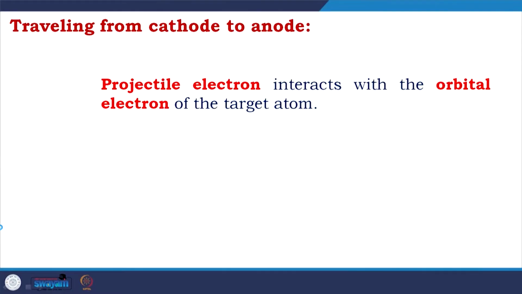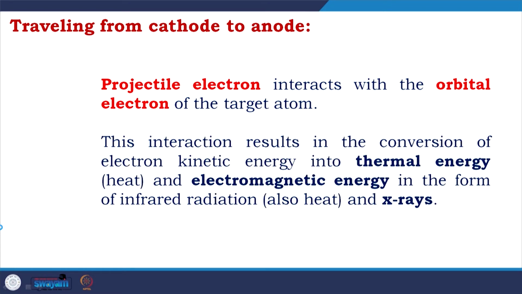Now the projectile electron is travelling from cathode to anode. The projectile electron interacts with the orbital electron of the target atom, and this interaction results in the conversion of electron kinetic energy into thermal energy mostly, and electromagnetic energy in the form of infrared radiation and X-rays.